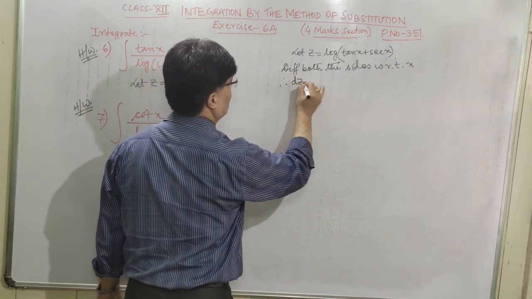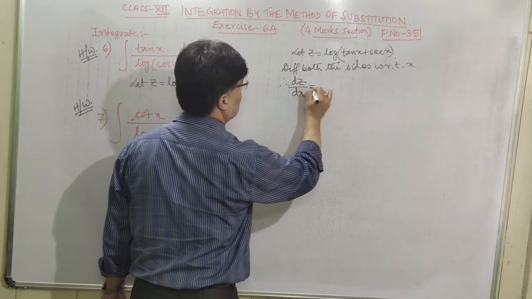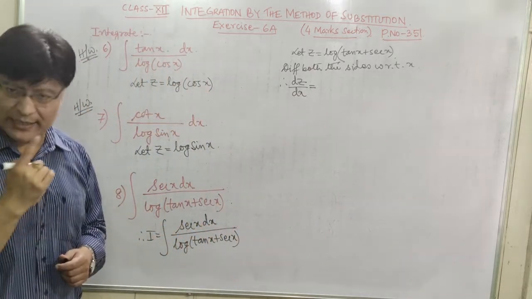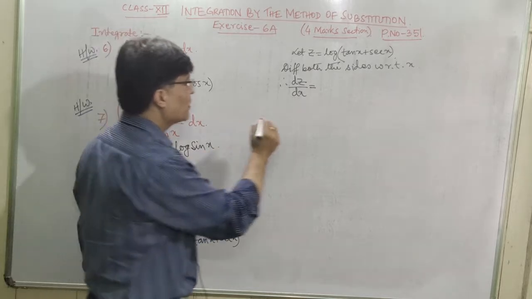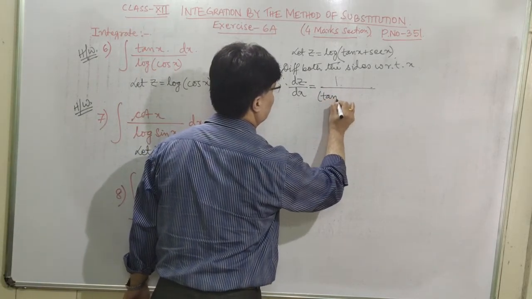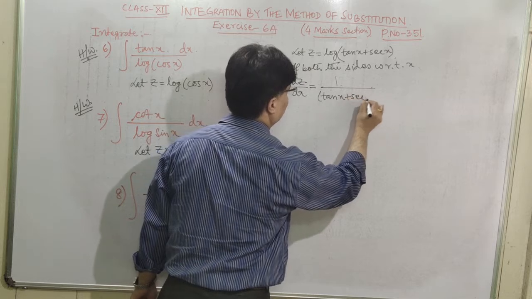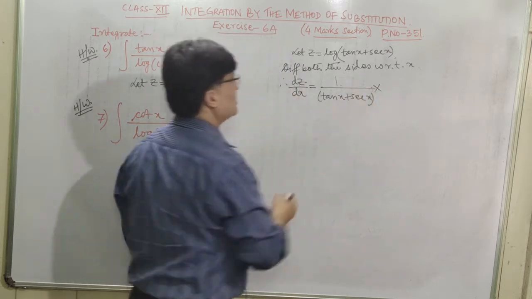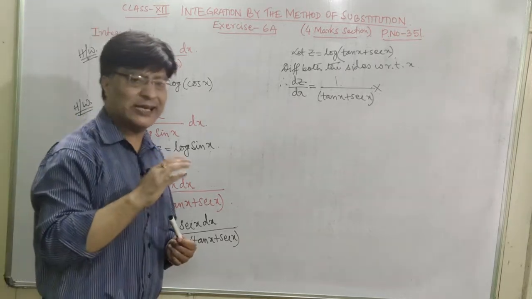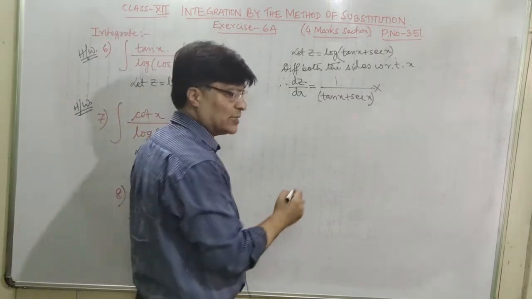So dz by dx is equal to, the differentiation of log x is 1 by x. And here what is x? It is tan x plus sec x. Again you have to differentiate the term which is assumed as x, that is tan x plus sec x also has to be differentiated.